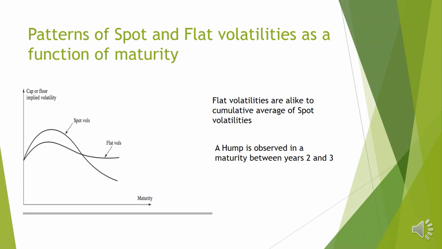The hump is observed both when the volatilities are implied from option prices and when they are calculated from historical data. There is no general agreement on the reason for the existence of this hump, but there is a possible explanation. Rates at the short end of the zero curve are controlled by central banks. By contrast, 2 and 3 year interest rates are determined to a large extent by the activities of the traders.